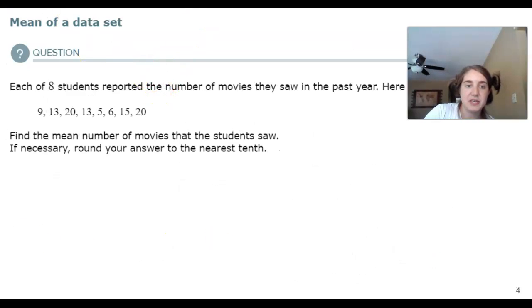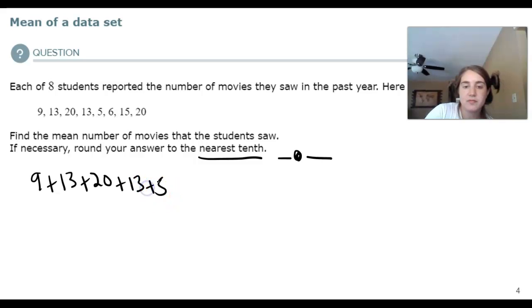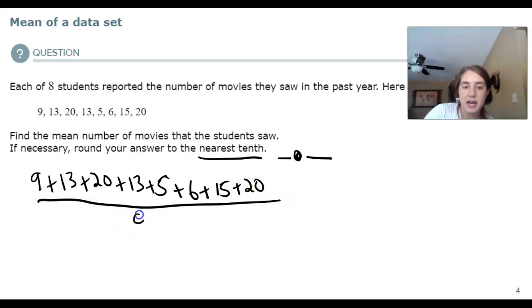This asks for the mean, to the nearest tenth, so point something, one place past the decimal. So I'm going to add all of these up and divide them by 8.